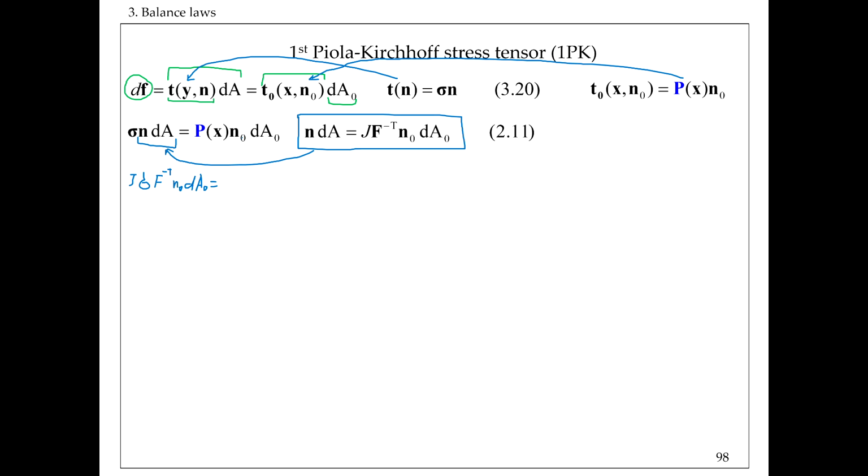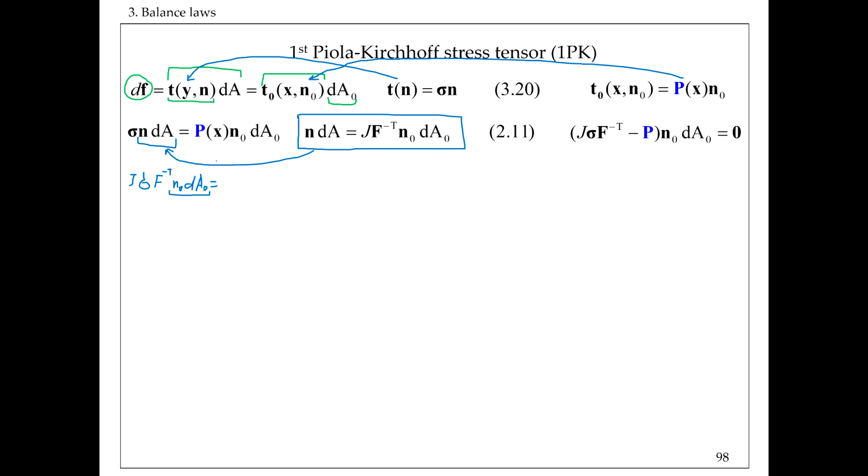And so we can just pull what we have on the right-hand side to the left-hand side, and notice that we have the same multiplier here, n0 dA0, so we can pull it outside.